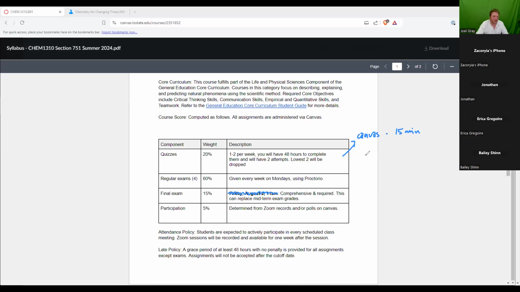So what that means is that the quiz opens, let's say, at 11 a.m. Monday, and it closes at 11 a.m. Wednesday. Somewhere within this time frame, you have to find 15 minutes to take this quiz. You'll have 2 attempts, and your lowest will be dropped.